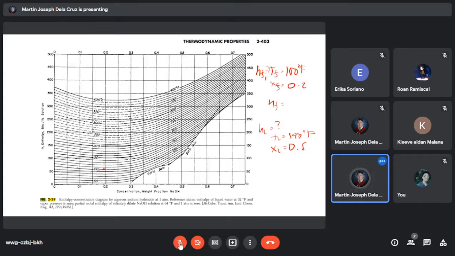Pero paano mag-straight? Hindi ko ma-straight. So, what do you think is the value? This is 55. I-take note class na hindi porket na ganun dito class is 10 na din siya. No. Dapat scaling pa rin tayo class.